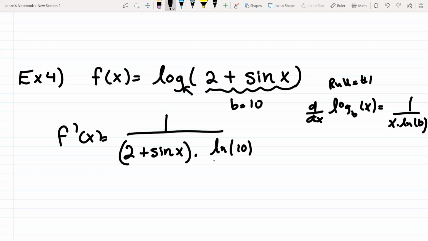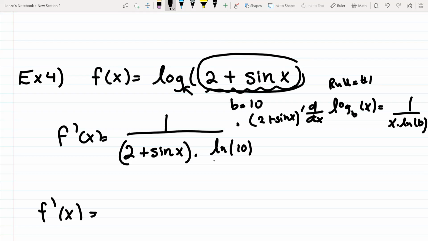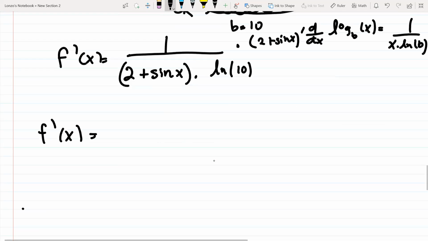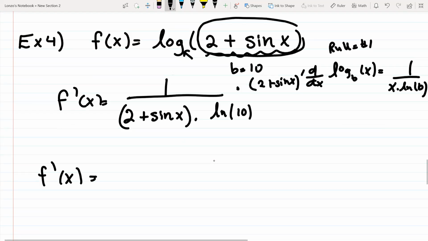Okay. And then times it by the derivative of the inside. So f prime of x equals, let's take the derivative of this. The derivative of 2 is 0. The derivative of sine of x is positive cosine of x.